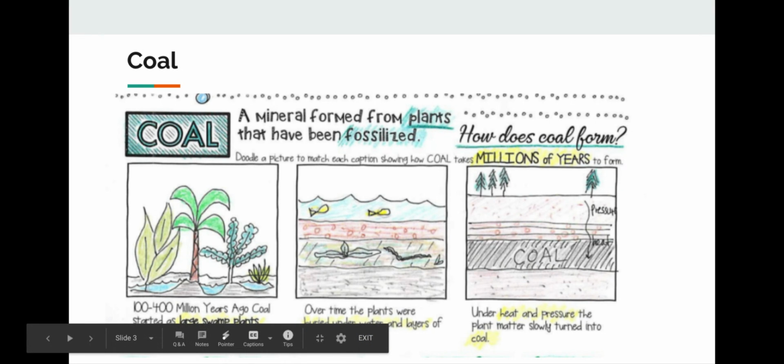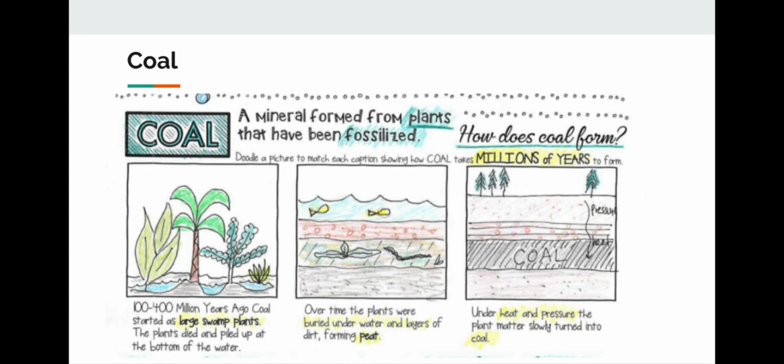100 to 400 million years ago, coal started as large swamp plants. Eventually those plants died and piled up at the bottom of the swamp. Over time, those plants became buried underwater in layers of dirt, forming peat. Peat is something that you can get and burn.